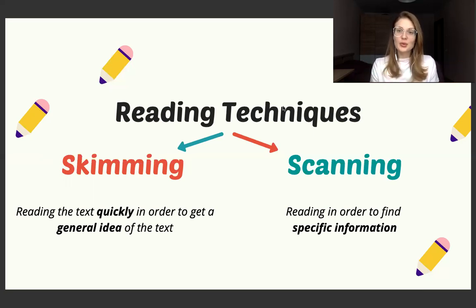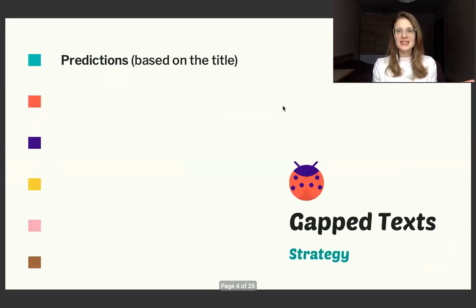So before we move on to the sample that I've prepared for you today, let's talk about the strategy that I suggest and that will probably help you deal with this task in a less painful way and may probably give you a different perspective on such texts. So let's go. So when you see a gap text, the first idea that should pop into your head is that you need to look at the title and try to predict what the text can be about.